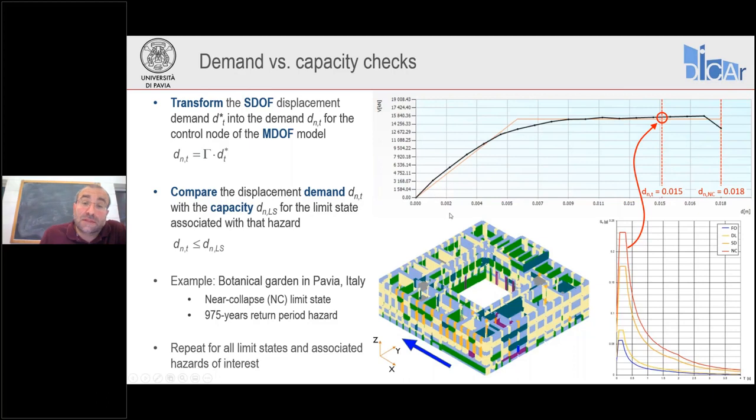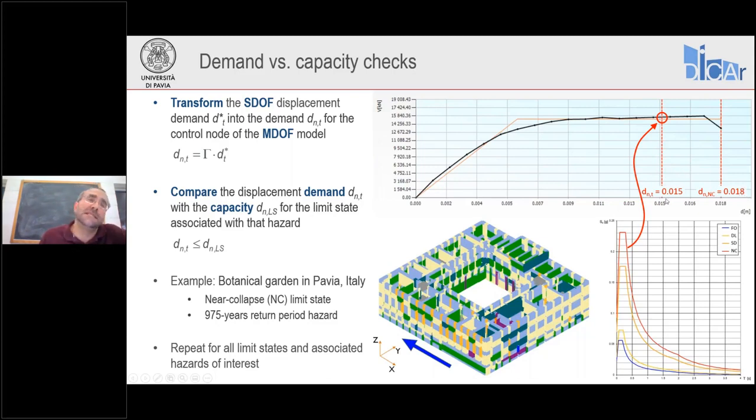So this is an example. This is the analysis of the botanical garden in Pavia. In this case, the limit state to be considered was a near collapse one associated with a hazard of 975 years of return period. You see the near collapse displacement capacity is here at the 20% drop of the strength, and we have basically 1.8 centimeters or 18 millimeters.